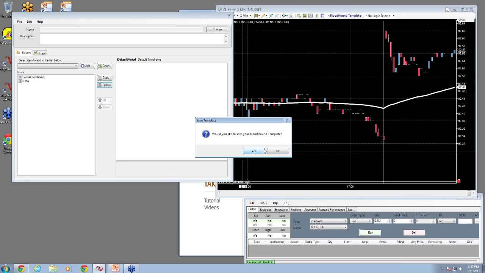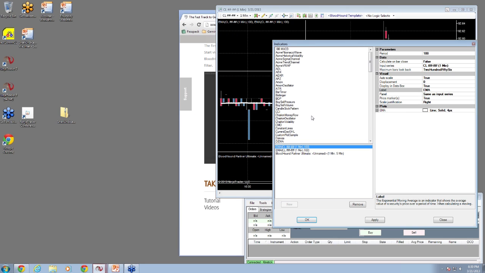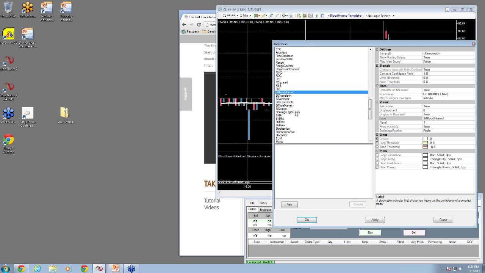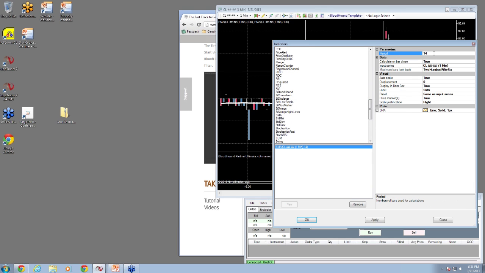Okay, so let's clear my chart. And what have we got? EMA 100. Let's put on a little cross. Okay, folks, we'll do this real quick here. So let's put on a 2.5 cross on there.